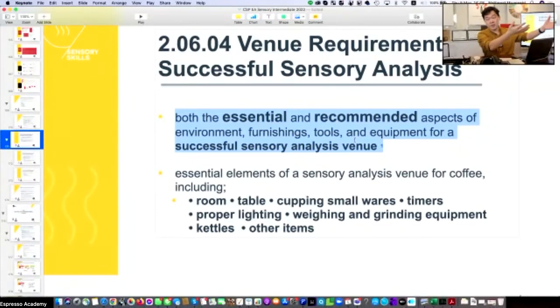This is the requirement that we already did for you and will just send to you, right? There are different types of venue: a venue where you just do public cupping, a venue where you create the coffee, and a venue where you're just creating the coffee without roasting it. But this one is for your sensory analysis. So it depends on your venue, on your goal, and on your facility as well.